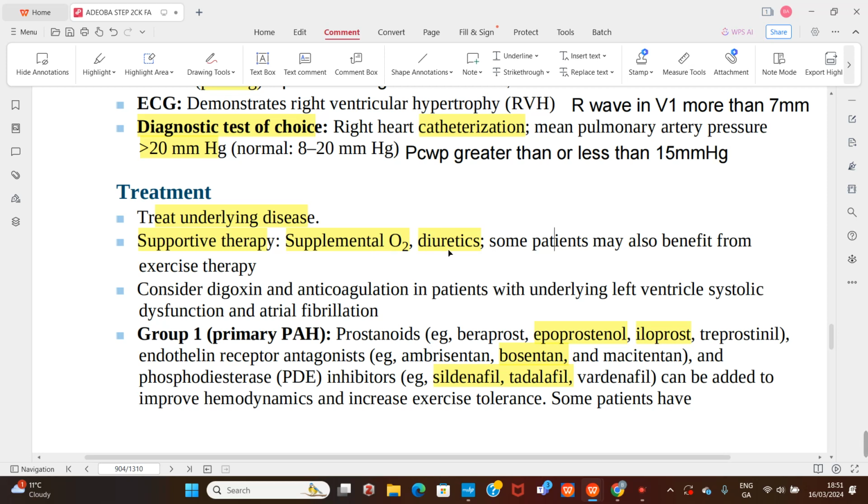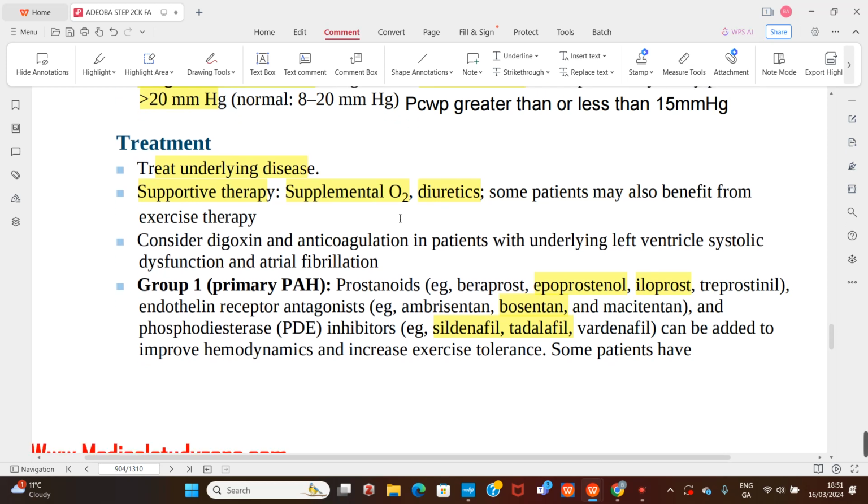Now, if people in group 2 are also having a very low oxygen level, you should also give them oxygen. So in group 2, which is the heart one, you must give them something that can help them pump blood out. Digoxin can help them, inotropic agents.